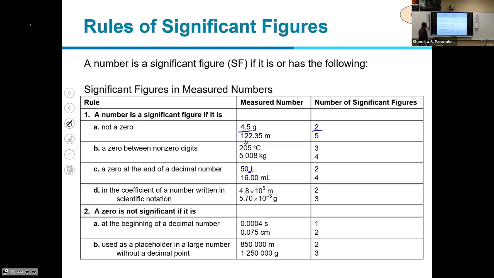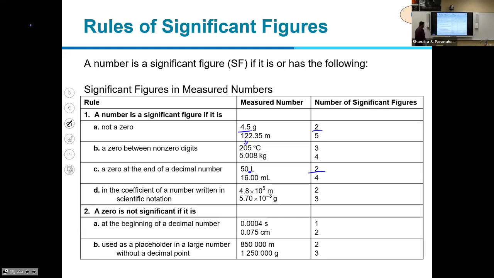The zero at the end of a decimal number is significant. So that zero is a significant zero with the decimal point. So this has 2 significant digits. 16.00: those 2 zeros become significant with the decimal point. So it's 4. The next 2 examples are written in scientific notation. So first one has 2, next one has 3.